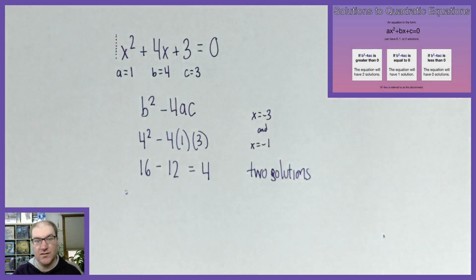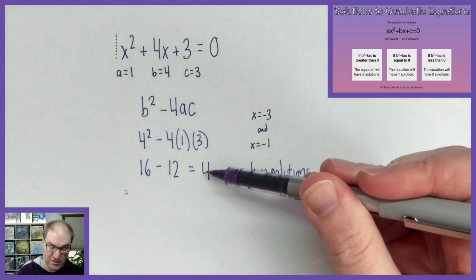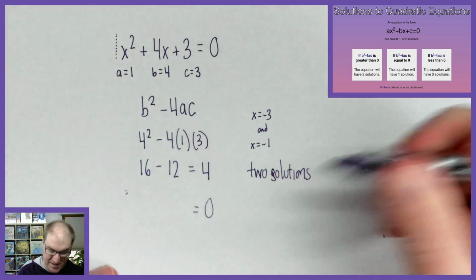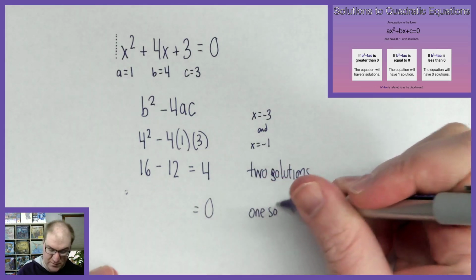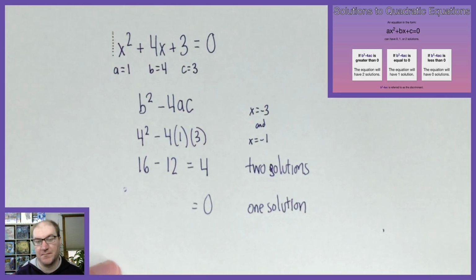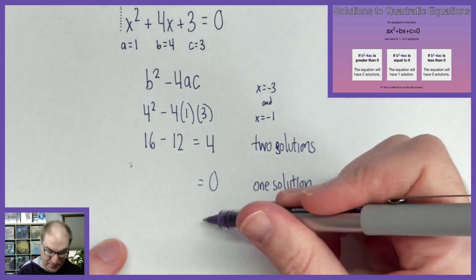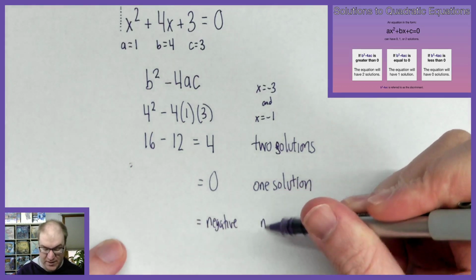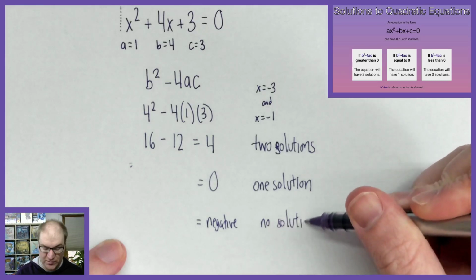Those are the solutions to this equation. If this number turned out to be exactly 0, then it has 1 solution. And if this number turns out to be anything negative at all, then it has no solutions.